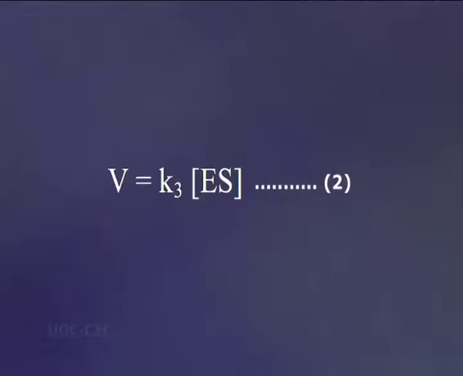The starting point is that the catalytic rate is equal to the product of the concentration of the ES complex and k3, that is, the equation V = k3[ES], equation number 2. Now we need to express [ES] in terms of known quantities.